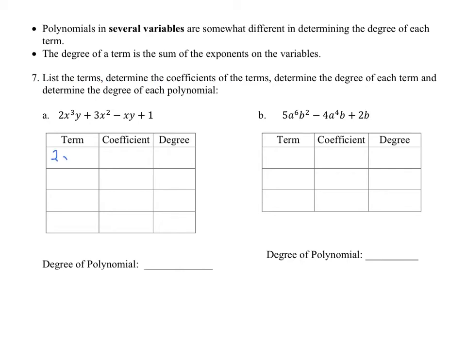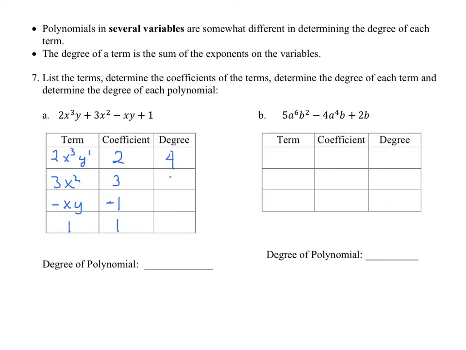So 2x cubed y, 3x squared, negative xy, and 1. Well, the coefficients are the numbers in front.